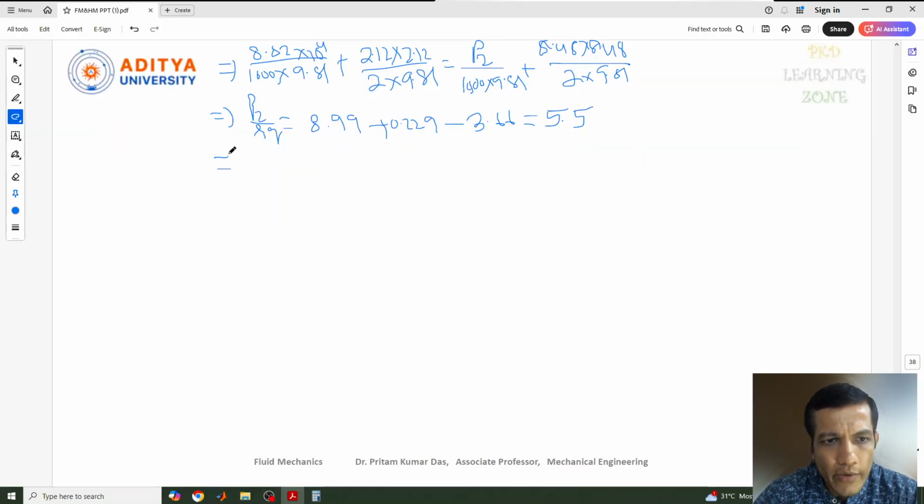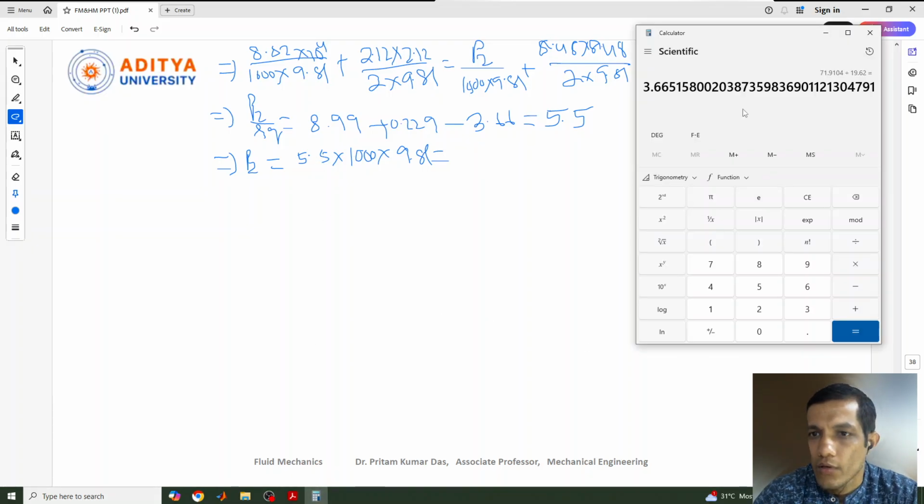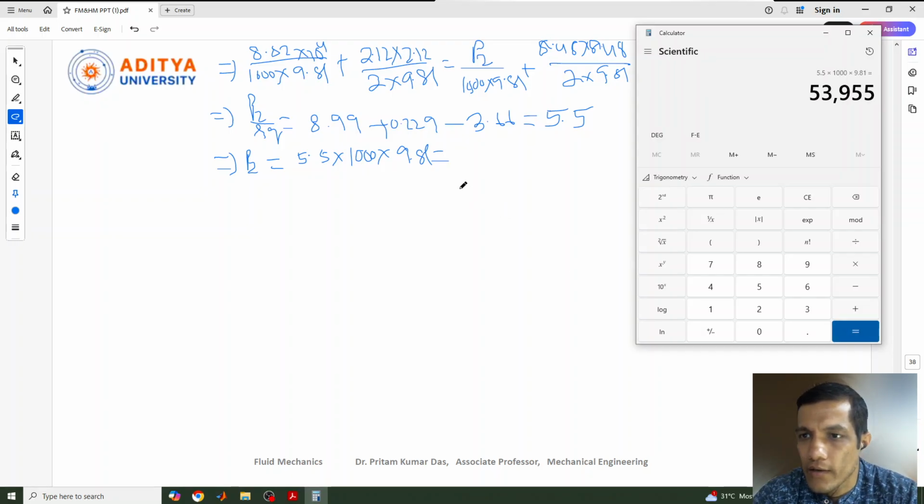Now because we require the value of P2, I'll keep P2 here and take rho g to this side. So again you just need to multiply 1000 into 9.81. We'll get a value of about 5.5, so let's calculate this: 5.5 into 1000 into 9.81 gives 53,955.